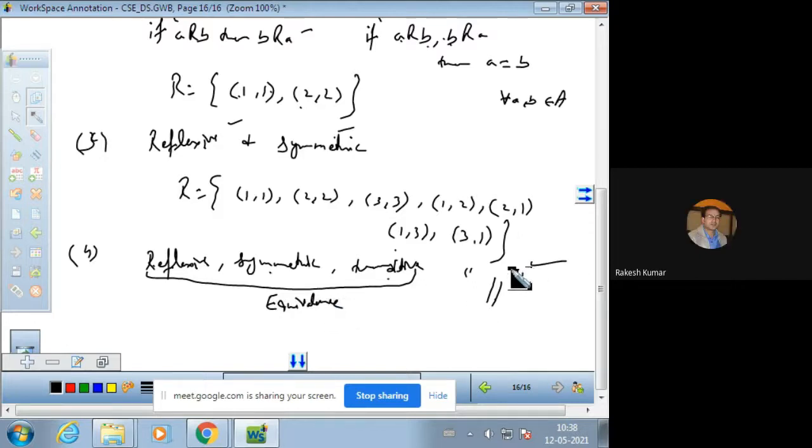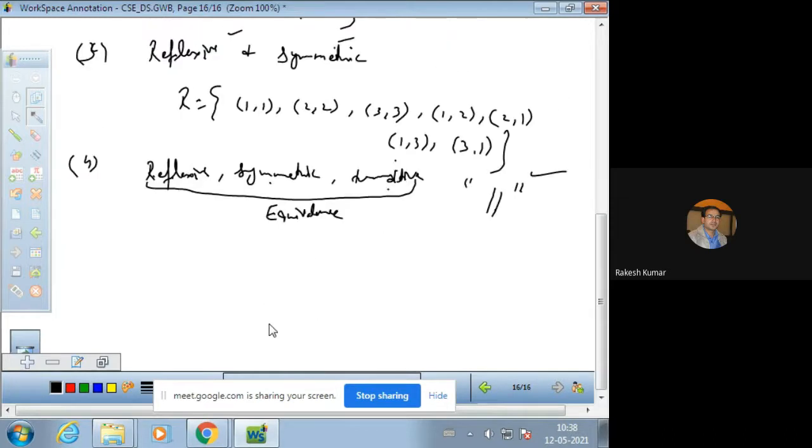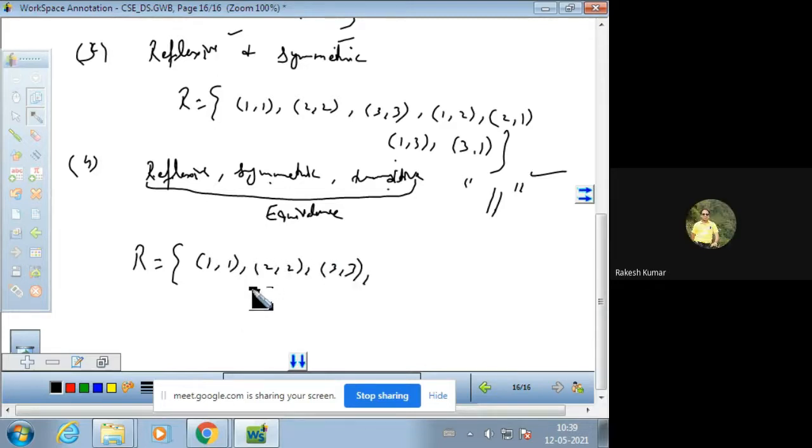So this is a good example of an equivalence relation. But in the current set, 1, 2, 3, we should have the elements of R. For reflexive property, it should be (1, 1), (2, 2), and (3, 3). And for symmetric property, if (1, 2) is there, then (2, 1) must be in the set. And if (1, 3) is there, then (3, 1) must be in the set. Now, this is the relation which is reflexive and symmetric.